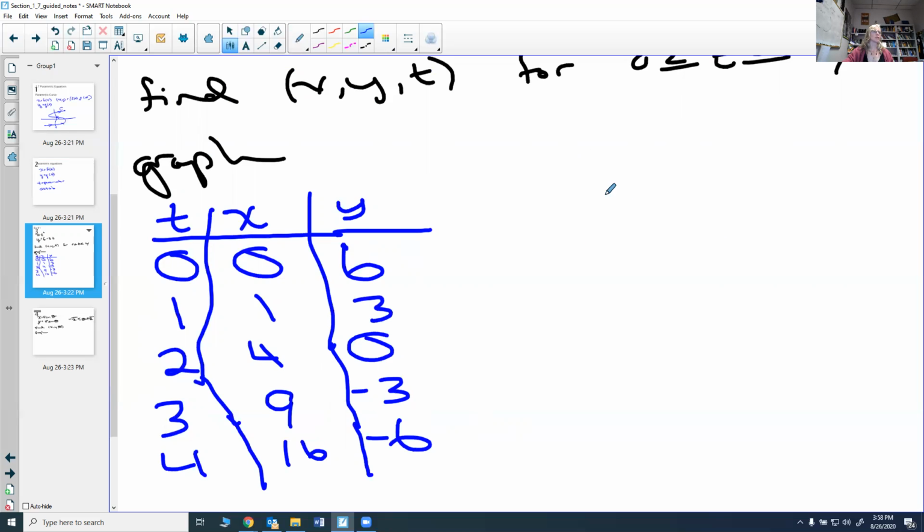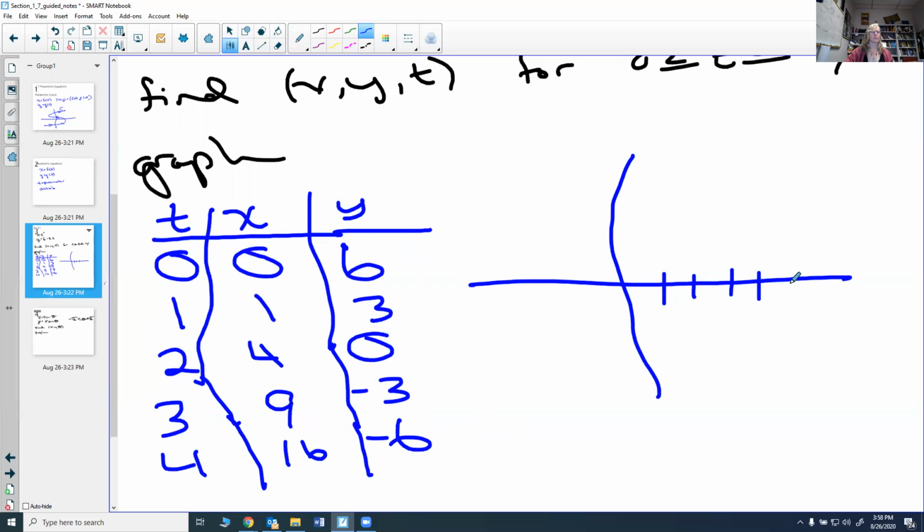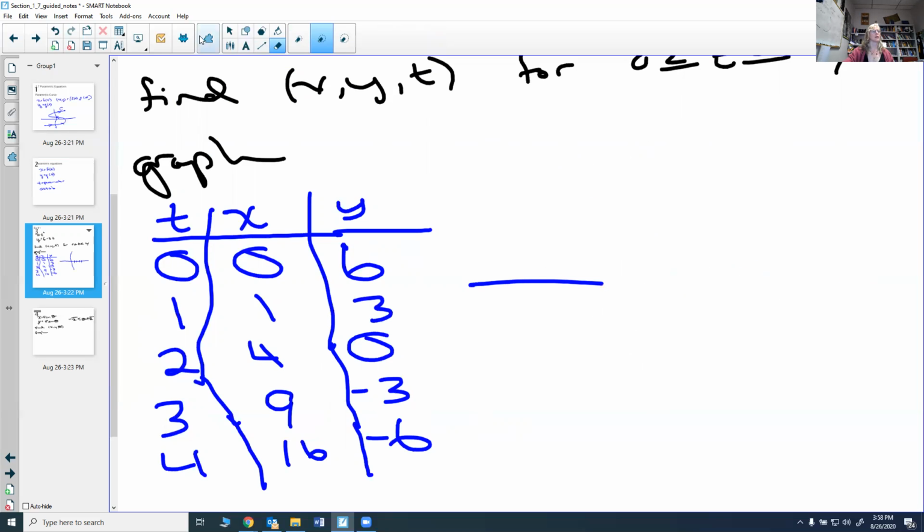So now we kind of have our values. We can now draw up an x and y plane. I think I need to make my plane a little bit bigger, so I'll move it around a little bit. I notice my x's go from 0 up until 16, so I don't need to go to negative x's.